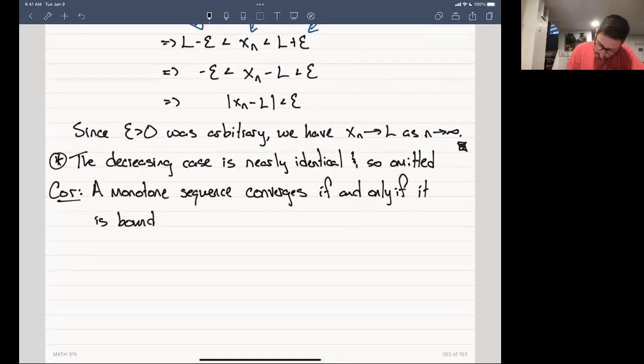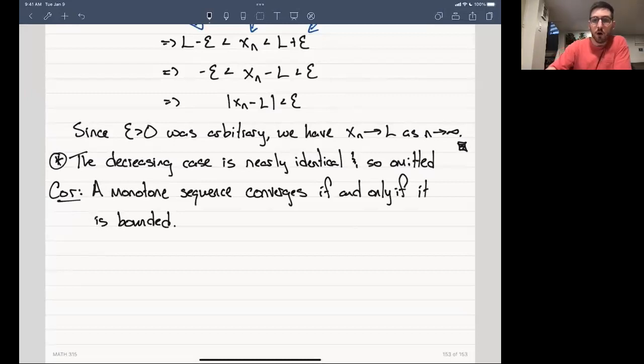We're not going to prove this because it's an immediate consequence of the previous theorem. Why is that? Well, the sequence is monotone. If it's bounded, the supremum or infimum exists, depending on if it's increasing or decreasing, and therefore we just proved that it converges. Similarly, we've already proved that convergent sequences are themselves bounded. So these are the logical equivalencies coming into these statements.